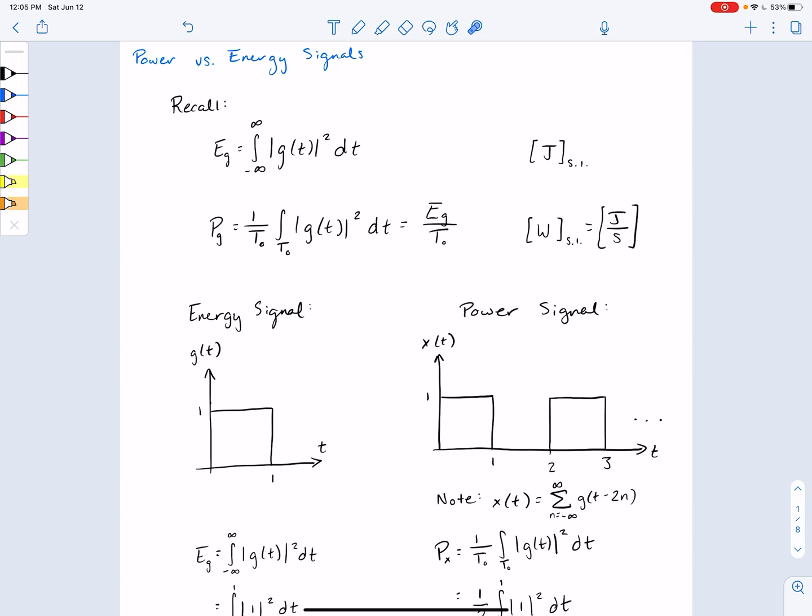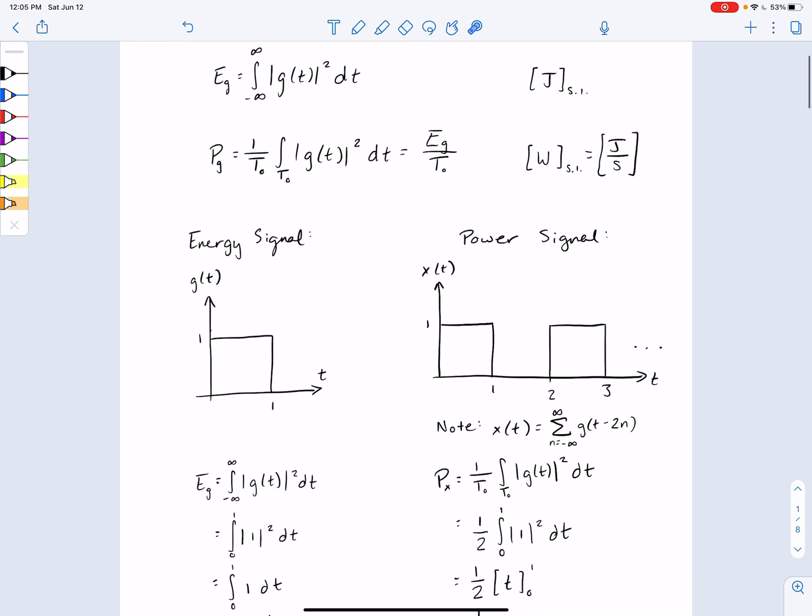Okay, so here is a little example to illustrate that. We've got two signals, one an energy signal and one a power signal, and they're basically the same signal, just one is repeating. I notated that with the sigma notation, and this is a nice way of representing a power signal because the coefficient here is going to be the period.